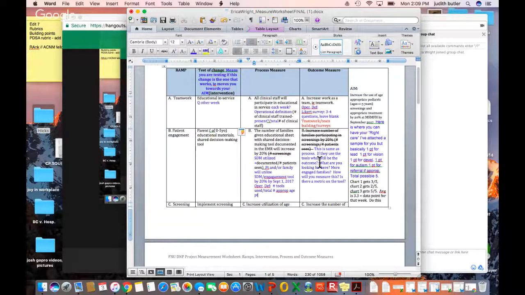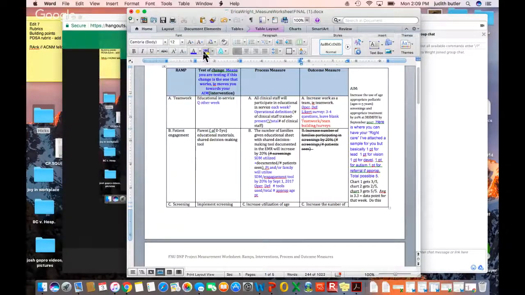And then, so your process, if this is going to be the number of tools used, what is your outcome? So think about the same as your team. Your team, you wanted to increase their understanding, team building. What is your outcome going to be with your patients? I mean, I want my patients to, I guess, understand and be engaged. So, which word do you want?